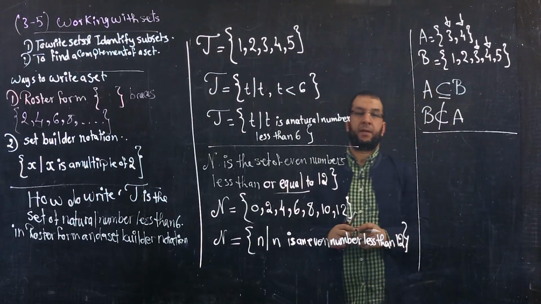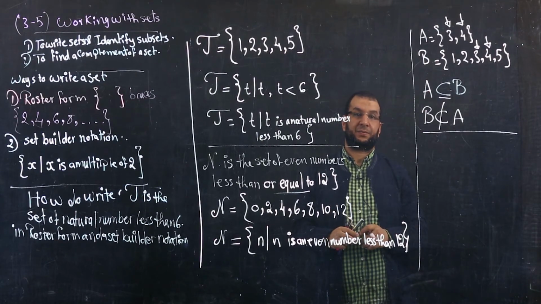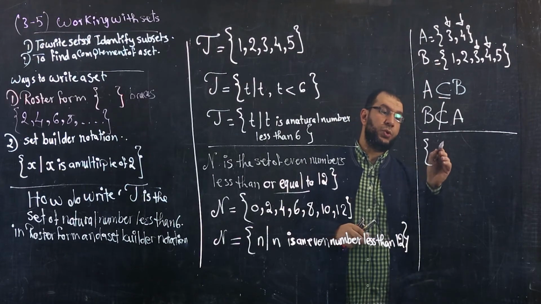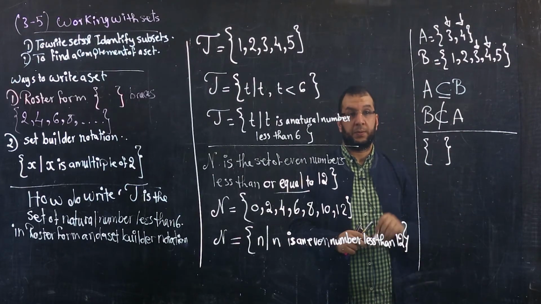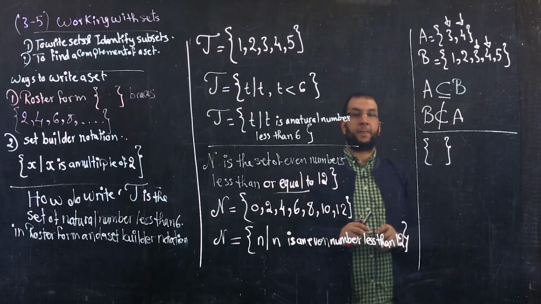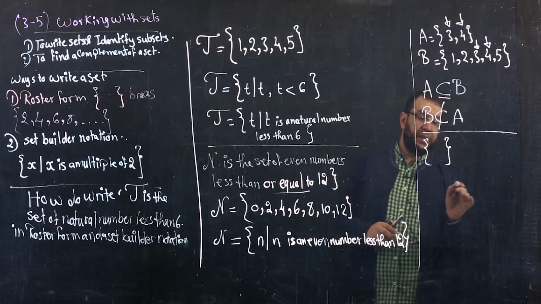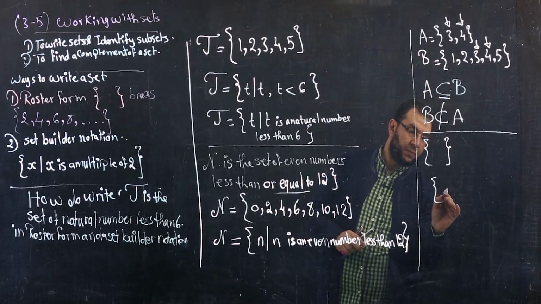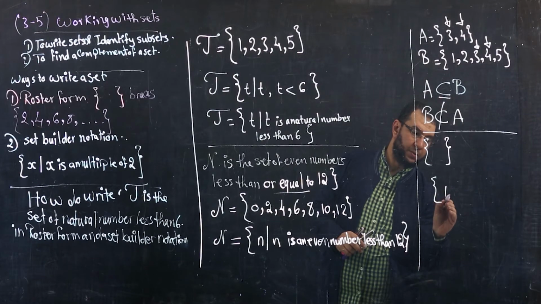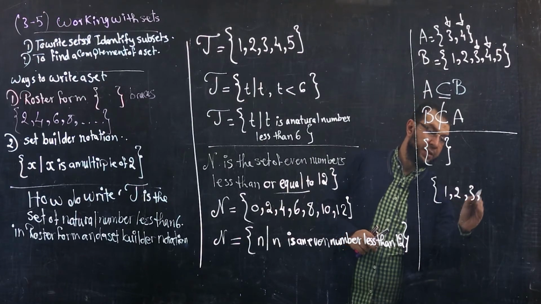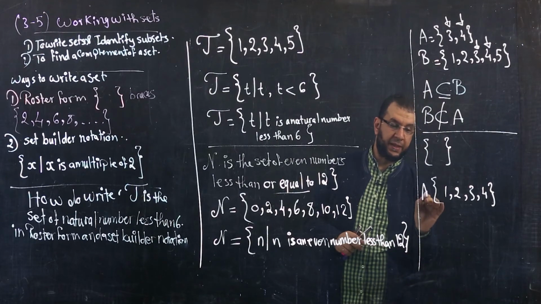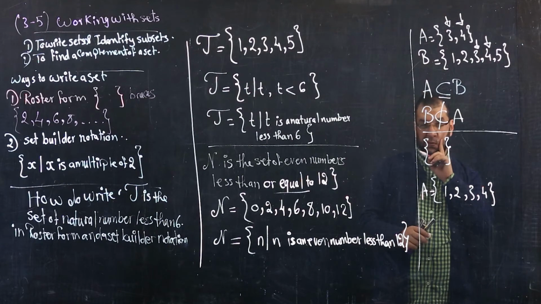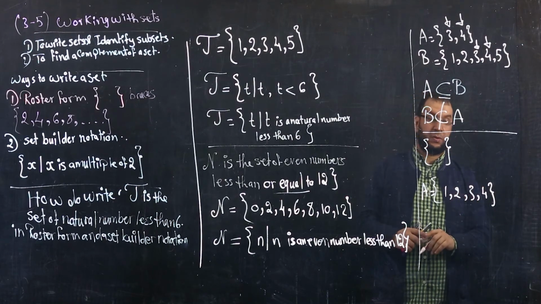What is the empty set? The empty set is the set which has no elements at all. For example, if I give you here 1, 2, 3, and 4, this is set A. And I ask you, which elements here are greater than 5?